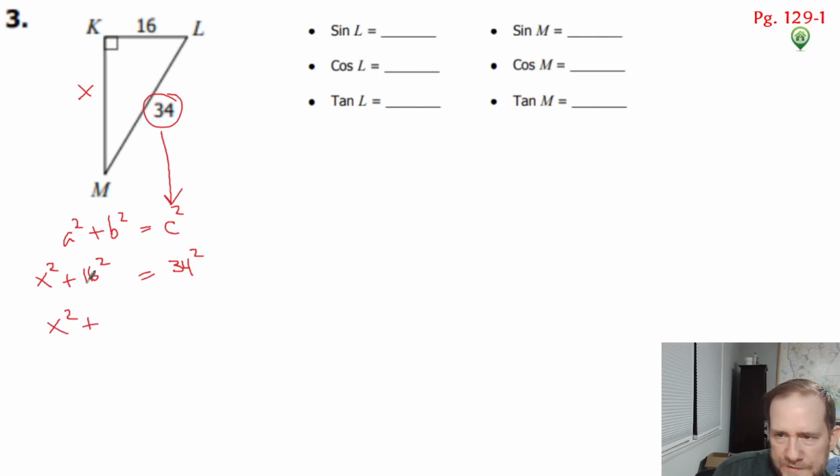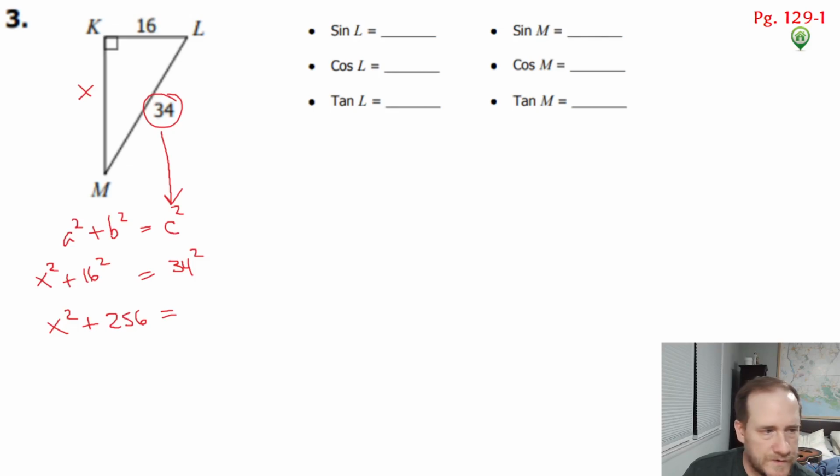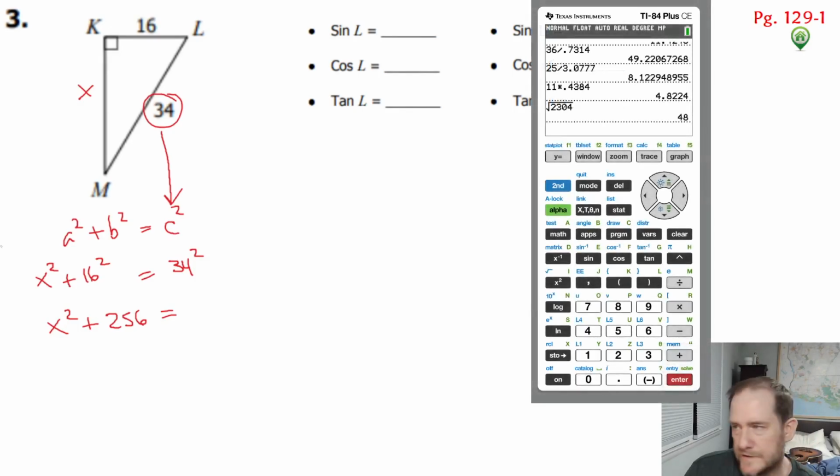And I happen to know that 16 squared is 256. And I happen to not know what the heck 34 squared is. So I'll use my calculator. 34 squared means 34 times 34, which is 1156.